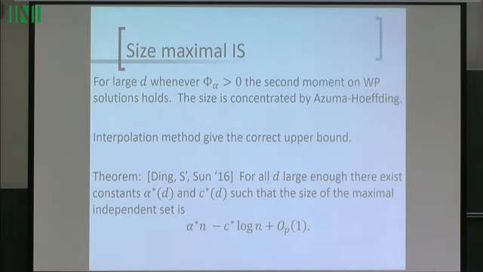And you could say, well, maybe you could work out higher moments, but actually it seems like for any fixed d, if you worked out not just the second moment but higher moments, at some point they'll blow up, and you won't get the right convergence there. Okay, so that's maximal independent sets.